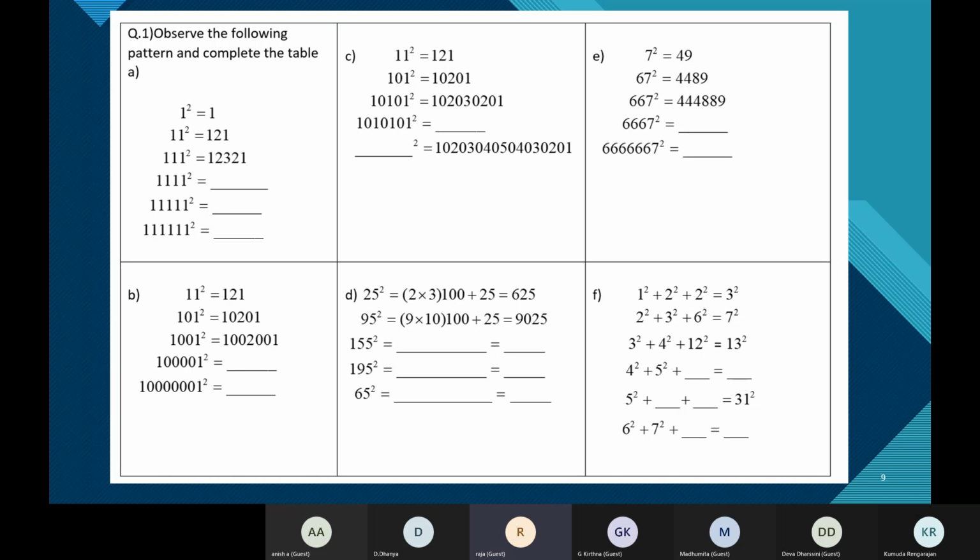Ma'am, the next one is 1 0 0 0 2, then 0 0 0 1. Okay, Raja, that was right. Somebody else wanted to say? 1 0 0 0 0 2 0 0 0 0 1. Yeah. So it's like this.